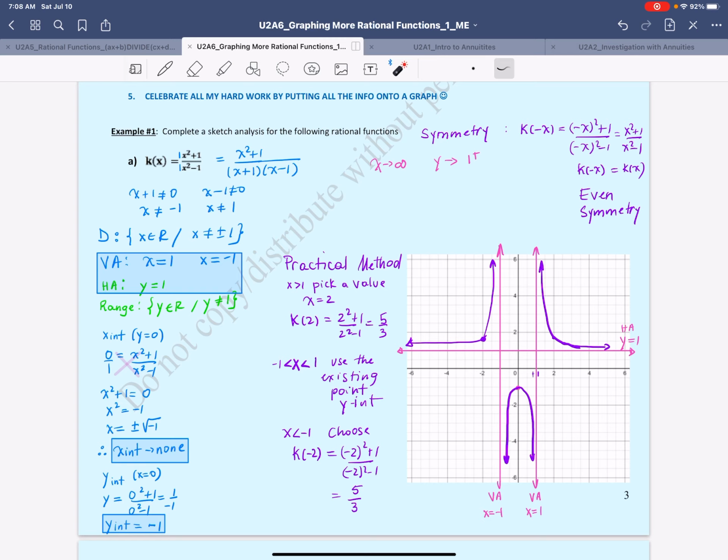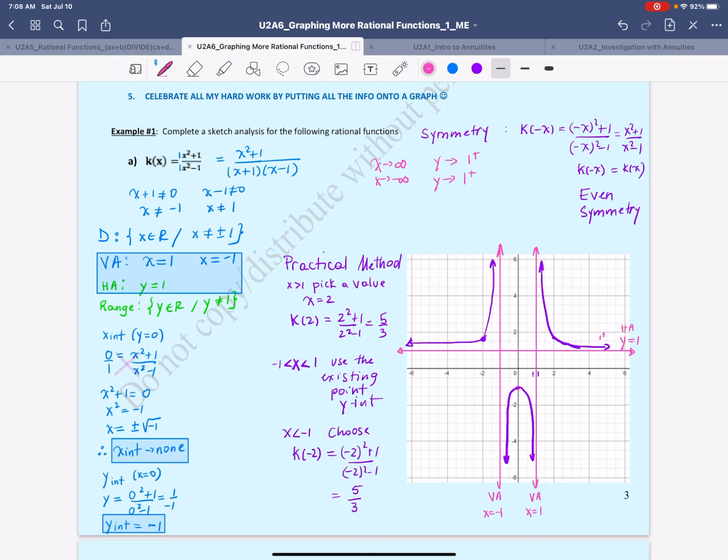The reason why is because we see that as x approaches infinity, the values of y will stay above 1, above the horizontal asymptote, which is 1 plus. As x approaches negative infinity, the values of y will stay above 1, so 1 plus.